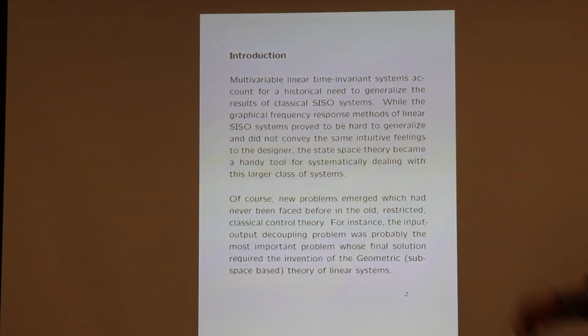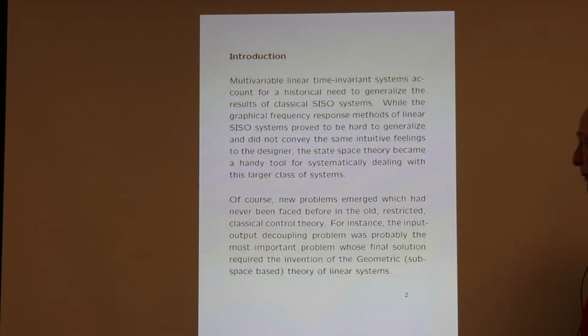So it was one of the justifications of the state space to be able to solve problems in a rather different way than what people were doing in the chemical industry, basically, for process control and so on.